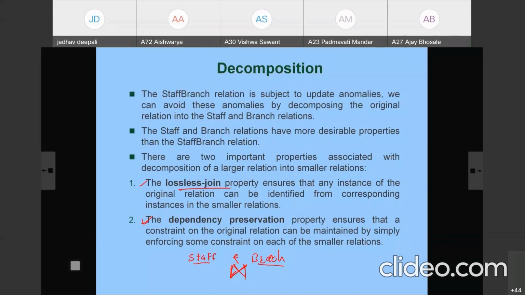And these two things we are going to study in detail with examples afterwards. If a relation is decomposed into more than two relations, whether it possesses both properties, yes or no, we are going to study in detail. Why? Because this type of question is asked in the GATE question paper. You are given a relation and its decomposition, and asked whether it is lossless join decomposition and preserves the dependency.